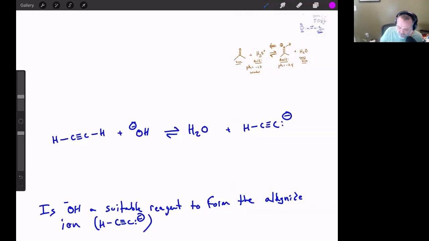All right, so let's identify each thing as being an acid or a base. Well, it looks like this thing is donating the proton to the OH. So this is the acid on this side. That makes this the base. This is the conjugate acid. And this is the conjugate base. Well, remember, this is a quantitative analysis, so we do have the pKa information.